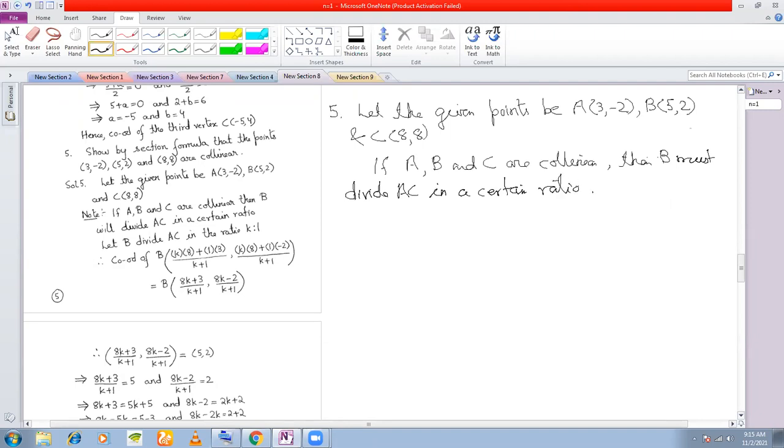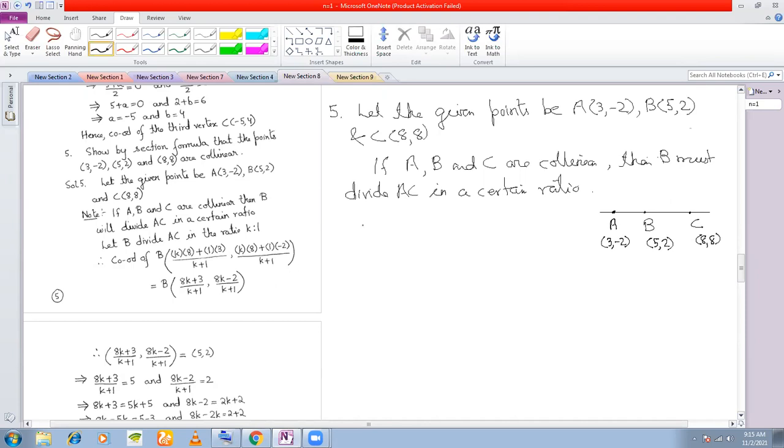Let's check whether that ratio exists, whether we can find out that ratio. So hypothetically, in rough, we are going to draw this diagram. Suppose they are collinear. Coordinates of A given to you, coordinates of C is also given to you, and coordinates of B is given to you.